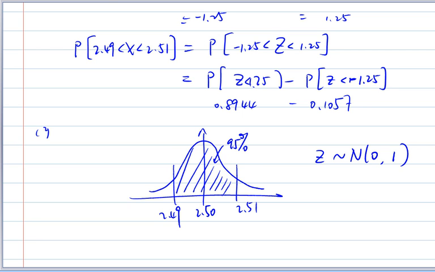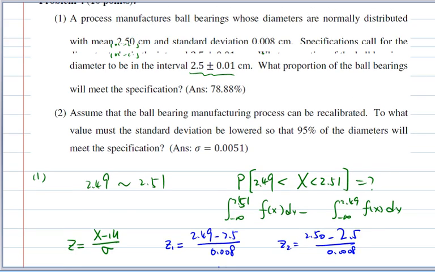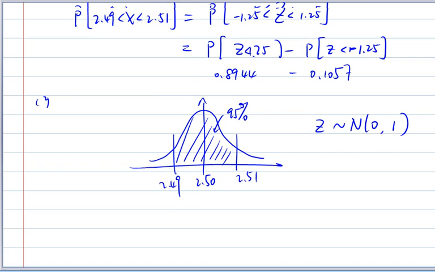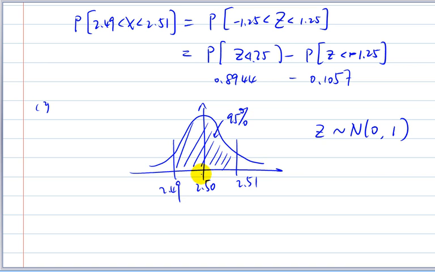Originally, with the sigma of this, it's not going to be 95%. So what value will give you 95%? That's the question here.